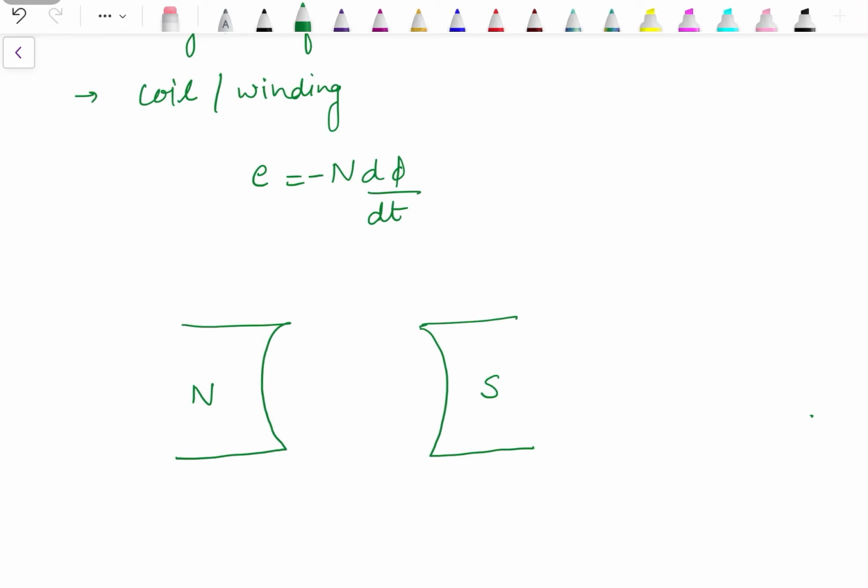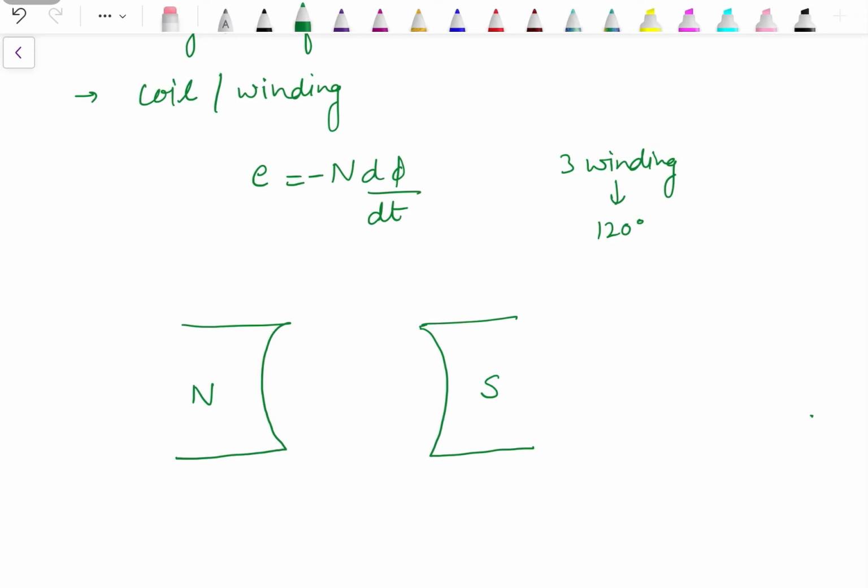Also, they lose their magnetism with time. So it's better to use electromagnets. In a three-phase system, we have three windings which are identical and they are placed at 120 degrees from each other. Because we have a 360-degree periphery, they are displaced from each other by 120 degrees.